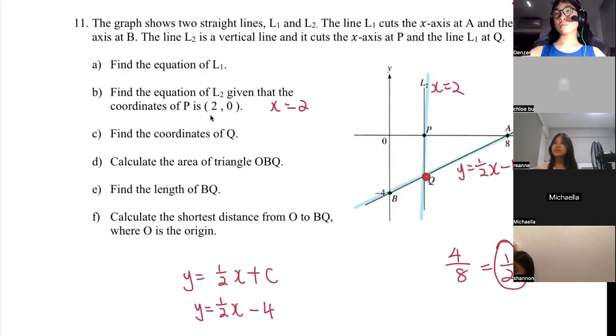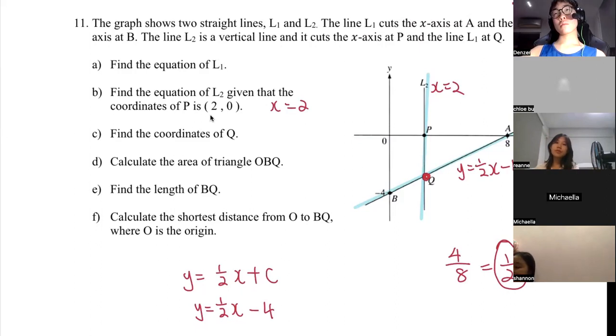Point of intersection: simultaneous equations, right? Graphical method, we draw the two graphs and the point of intersection is your answer. Or the other way, we can do it by substitution or elimination.